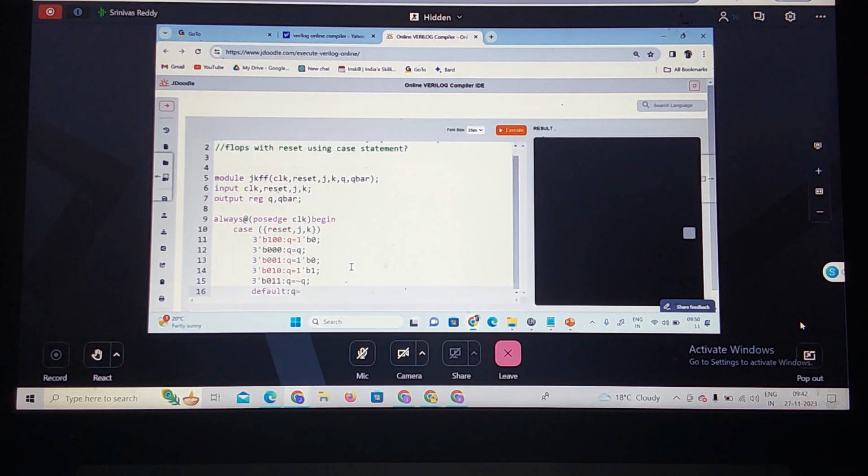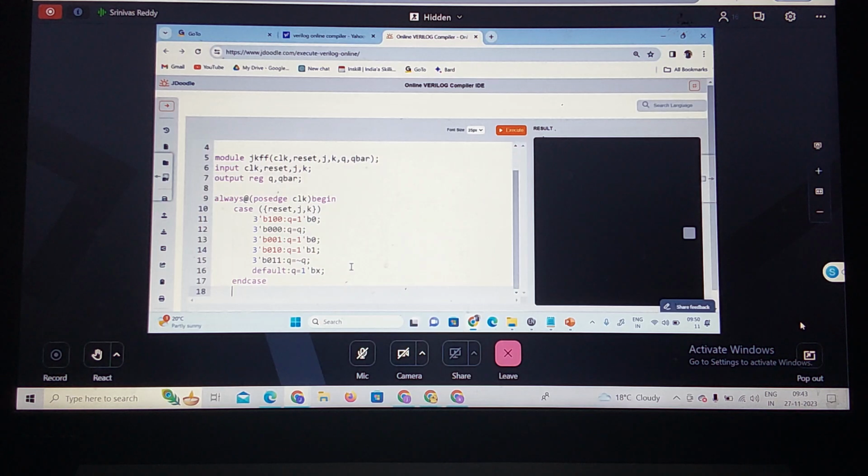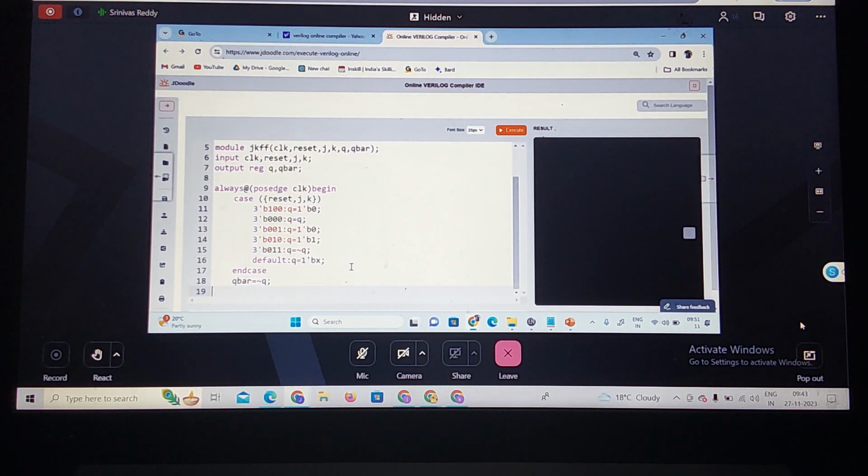Default Q is equal to 1 tick B, X. Then using end keyword, end case, you can end the case. Correct. Now you can write Q bar is equal to not of Q. Then end the always, then end the module.